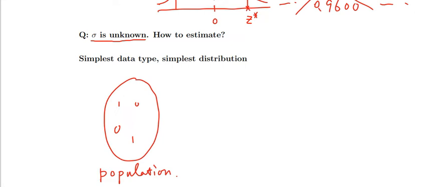Typical situation for 1-0 populations: some people say yes, some people say no. Only two options, right? Say yes we denote as 1, say no is 0.